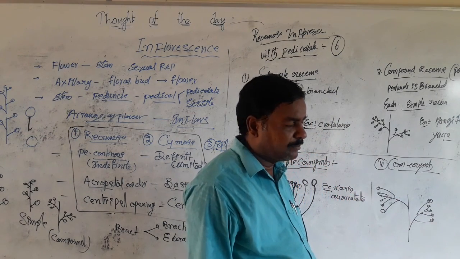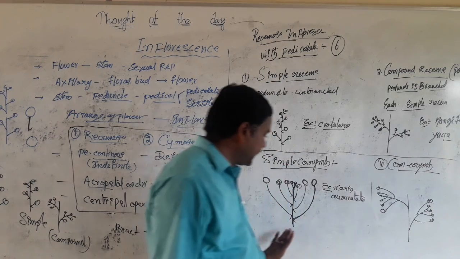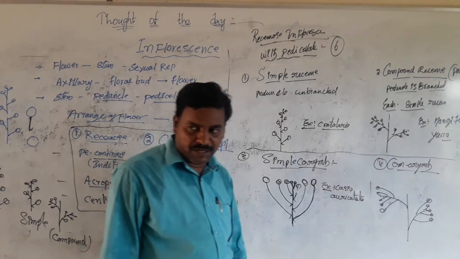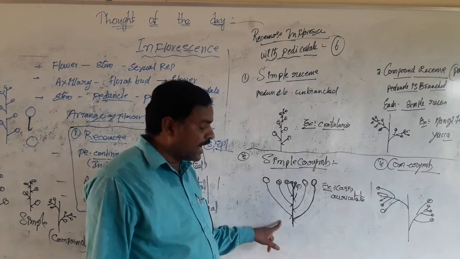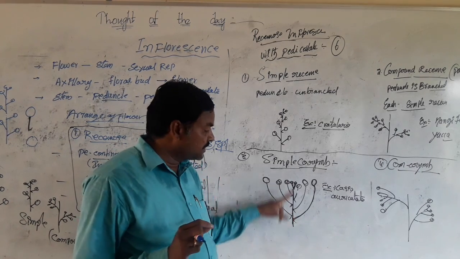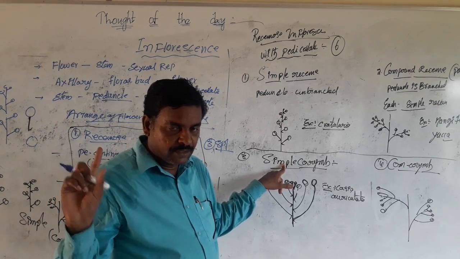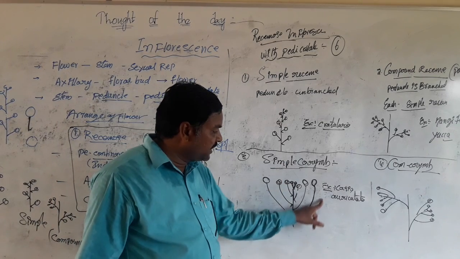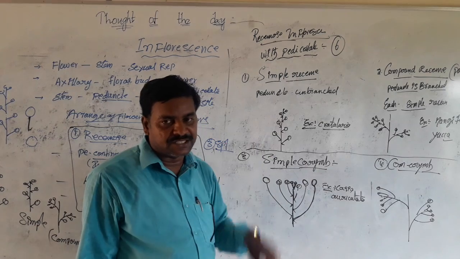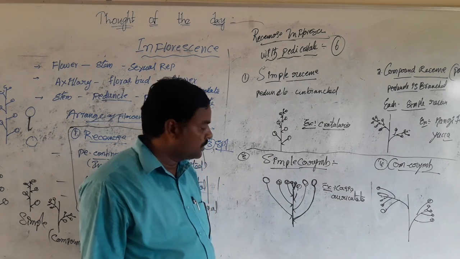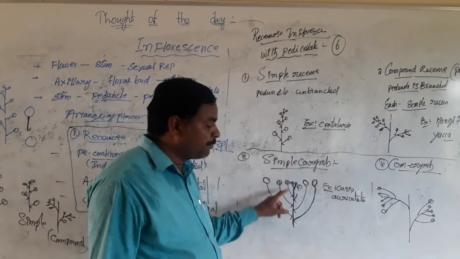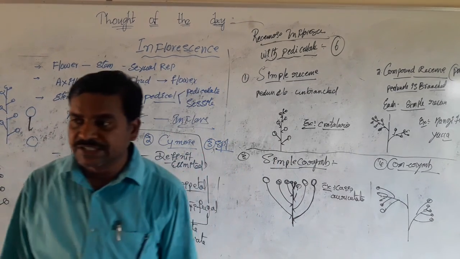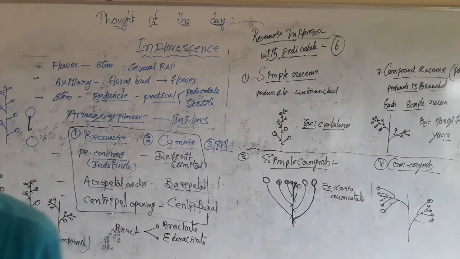This is a very, very important point. Peduncle growth is continuous and peduncle is unbranched. Many bracteate and pedicellate flowers are arranged in acropetal succession, but lower older flowers have longer pedicels and upper younger flowers have shorter pedicels, so that all the flowers are brought to the same height. That is called simple.